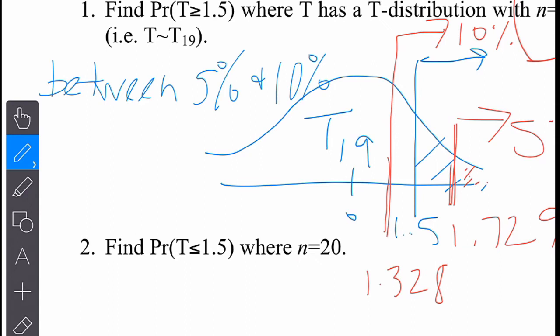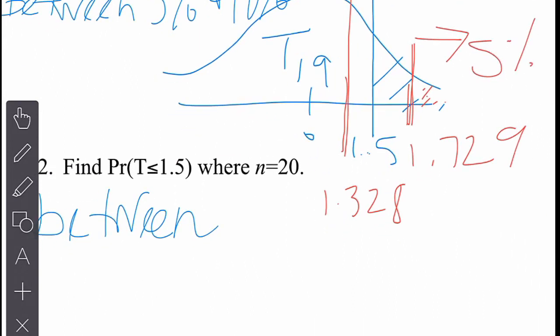So I want to go in numerical order from smaller to bigger, right? So I would say, well, the complement of this is 90 and the complement of this is 95. So I need to flip that and say between 90% and 95%.